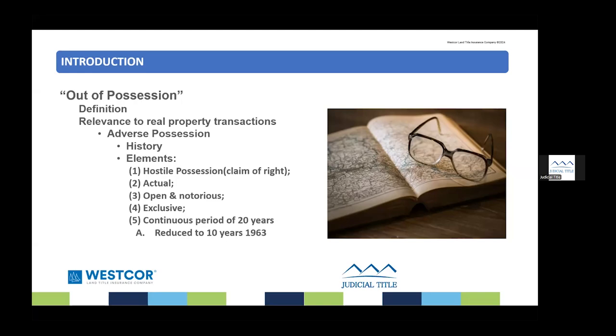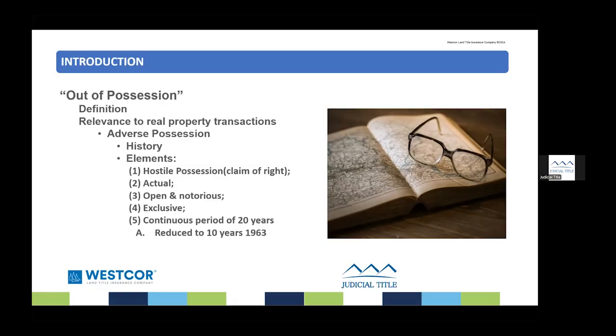We'll talk through how the laws changed and how it's applied to some cases. With the new law, the criteria are open, notorious, and hostile possession, exclusive and continuous possession, and some terminology has been added: under a reasonable claim of right.